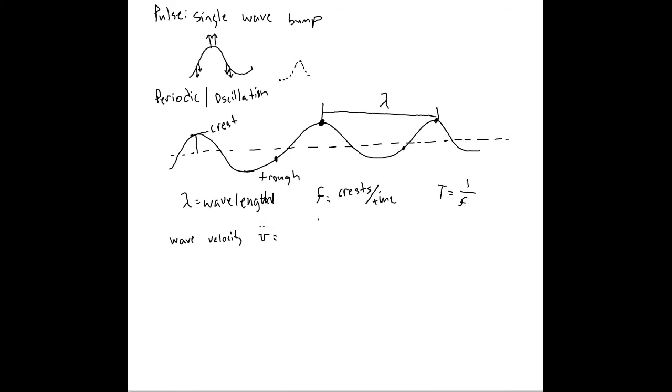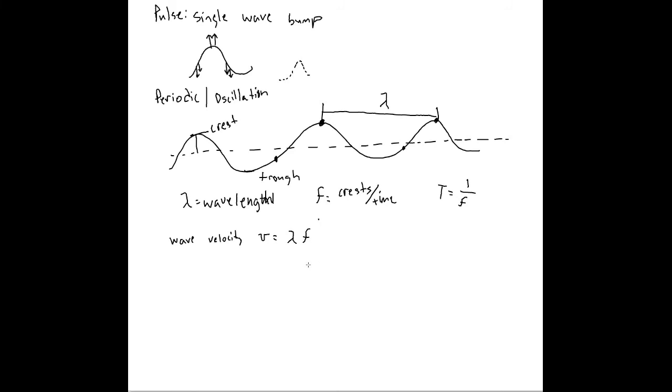So wave velocity, if we think about distance over time, well, wavelength is just crest to crest, and then frequency is crest per time. So what I can do is multiply wavelength times my frequency, and that gives me my distance over time. So that is wave velocity.